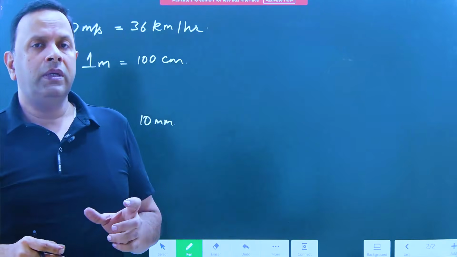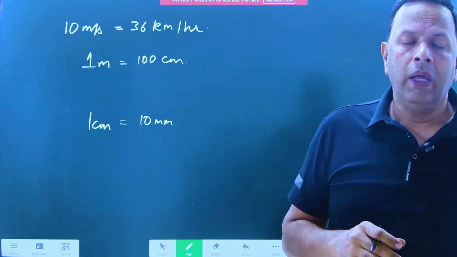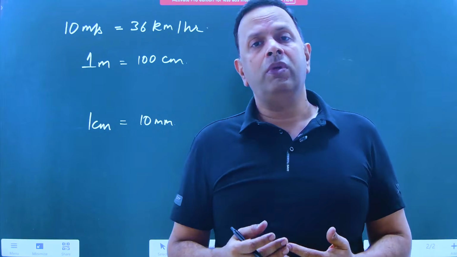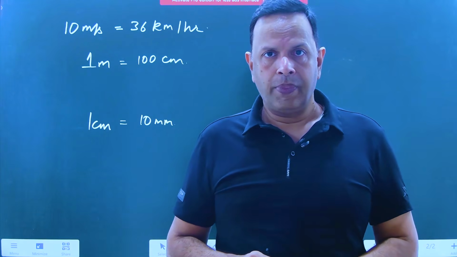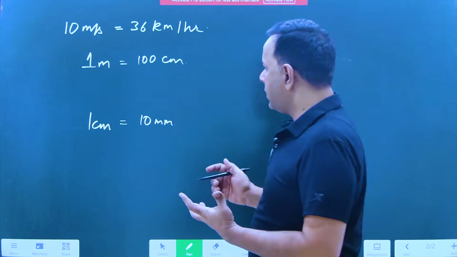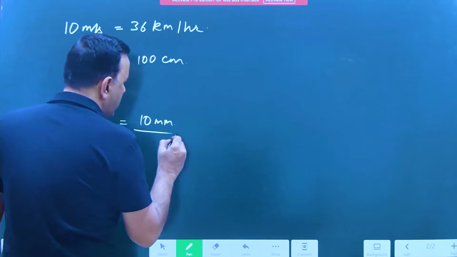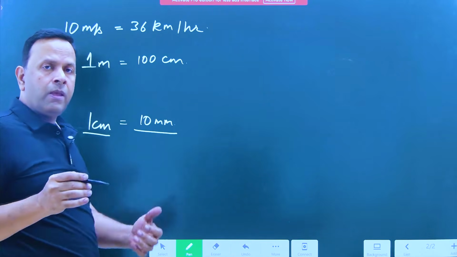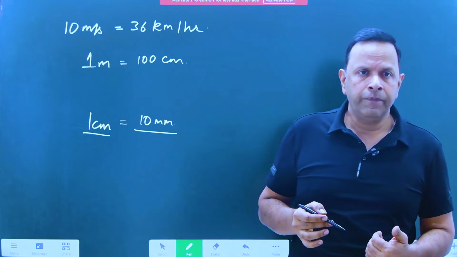But remember one thing, if there is a fixed physical quantity given to you, then by changing the system of unit, you can't change the magnitude of the physical quantity. Okay, I mean that when I write 1 centimeter or when I write 10 millimeter, they represent the very same distance.